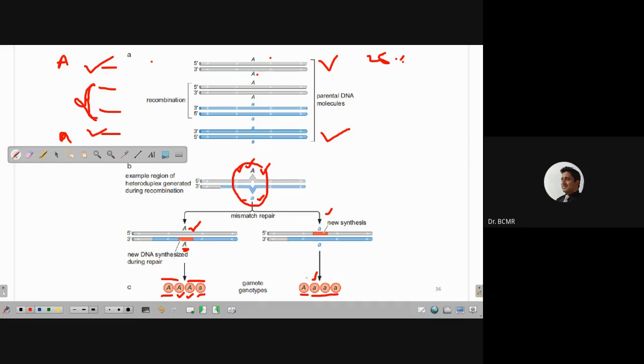It has to do with homologous recombination followed by repair. It's just a change in the frequency of what is happening. Either you'll find it this way or you will find it this way, and that is because of a phenomenon called gene conversion.